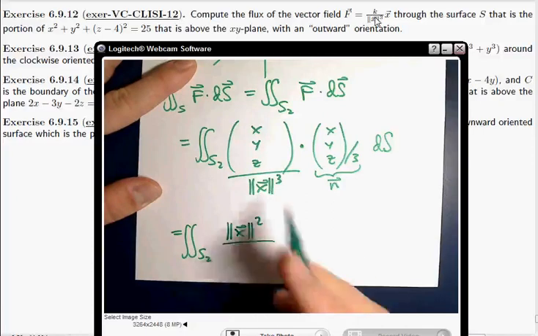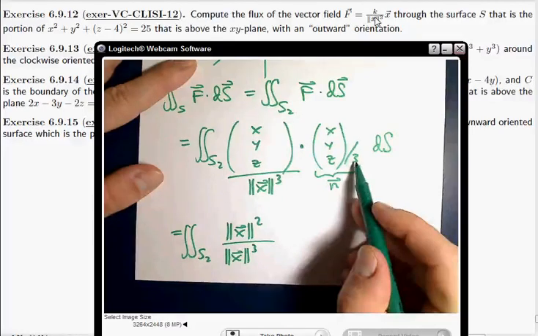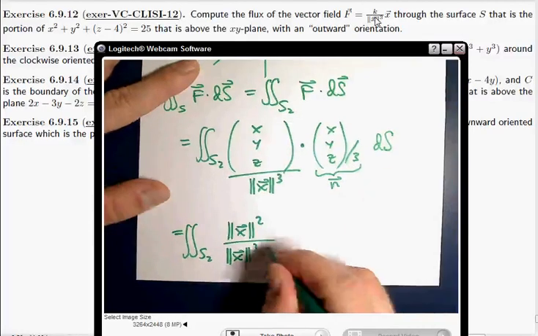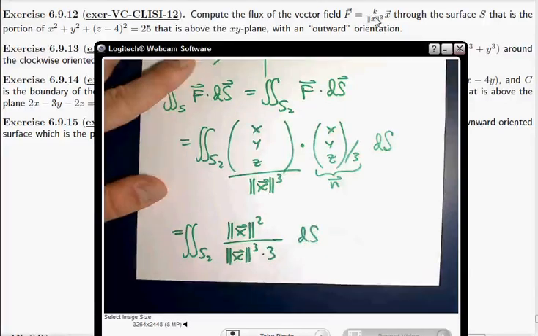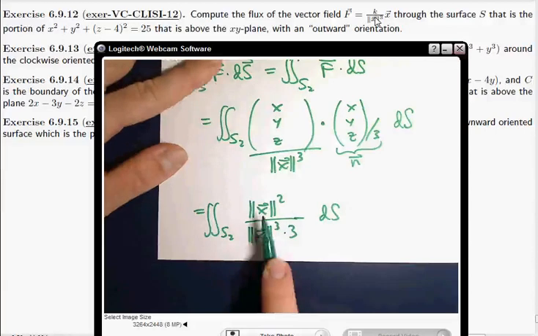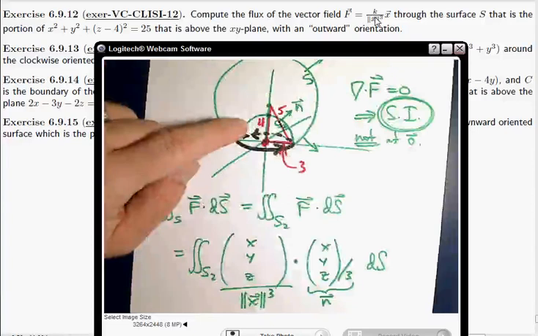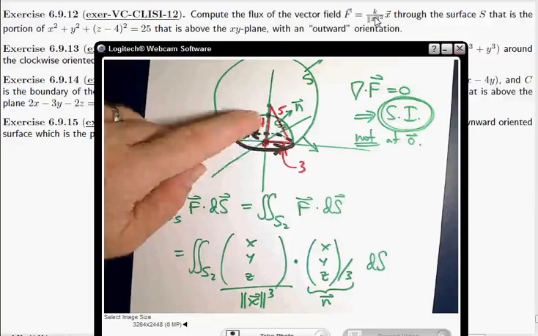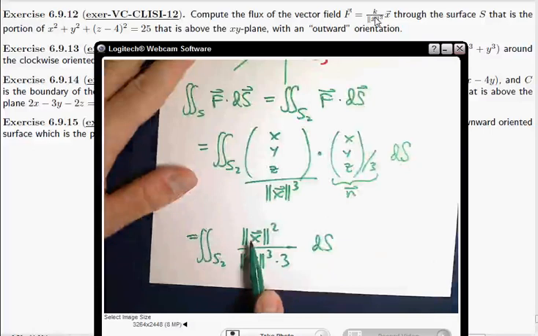Then I've got length of x cubed. And don't forget we've got a 3 over here in the denominator. This is now a scalar surface integral. And furthermore, length of x, I know over the entire S2. S2 is this sphere that is exactly the set of points whose distance away from the origin is 3. So these numbers here are always 3.